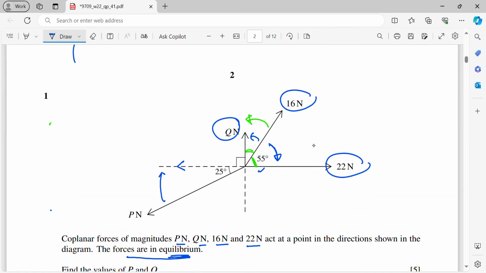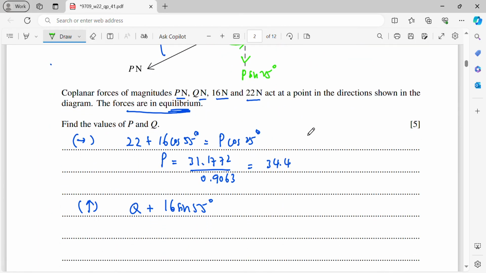And then for the downwards force, I can just resolve this P vertically, and it is pointing downwards. So again, I'm going to use this 25 degrees. Therefore, it will be P sine 25 degrees. So here, since this is pointing downwards, it will be balanced with the upward force. Then I will just write equals to P sine 25 degrees.